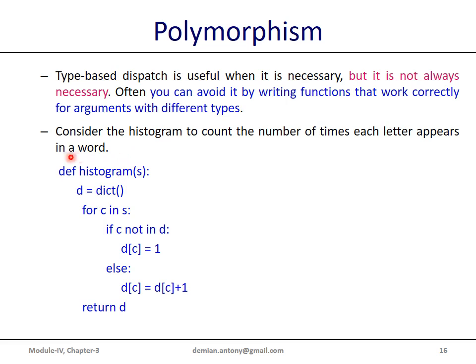Let us define a function histogram which takes one item s, and we have seen the body of this function, which gives me a frequency counter histogram of the elements. Observe that this histogram function will work as long as s has items which are hashable, because we are using a dictionary which works on the principle of hashing.